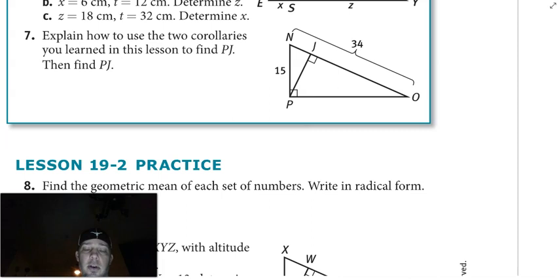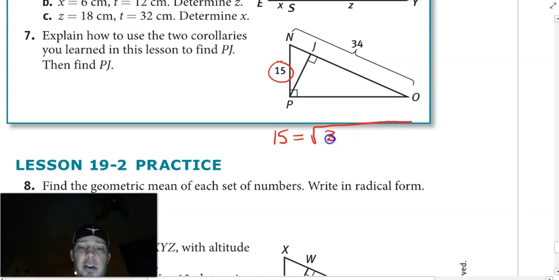The second corollary says that when you have an altitude drawn, one of the legs is going to be the geometric mean of the entire hypotenuse and the part of the hypotenuse that's adjacent to that leg. So 15 is going to be the geometric mean of 34 and NJ.